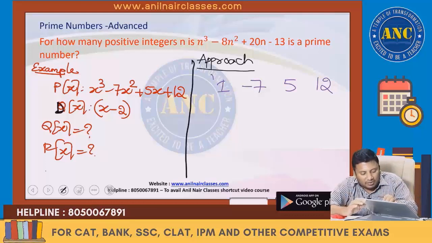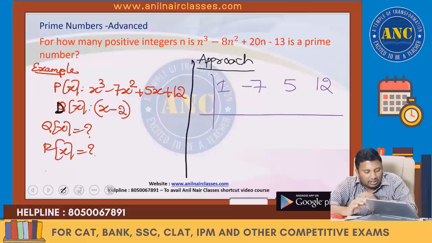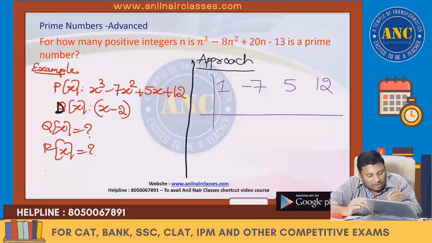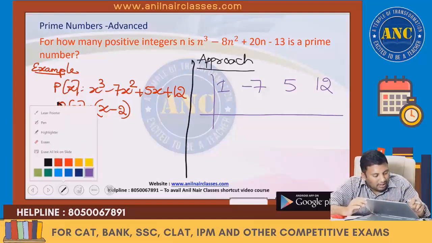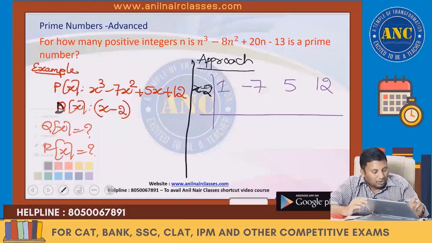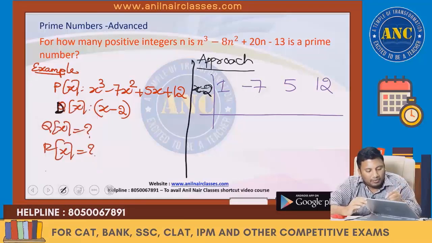Write down in the sequential order. It is divided by x minus 2, so put x equivalent to 2, equating x minus 2 with 0.